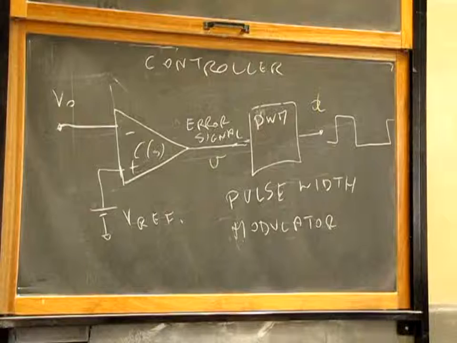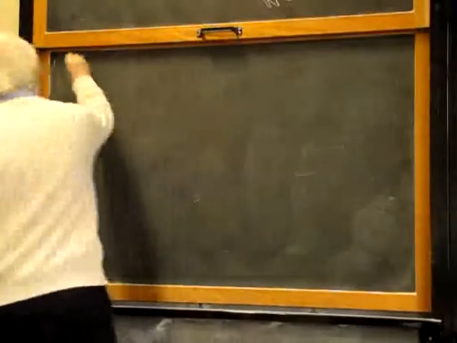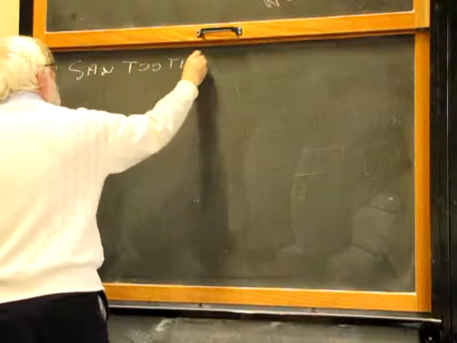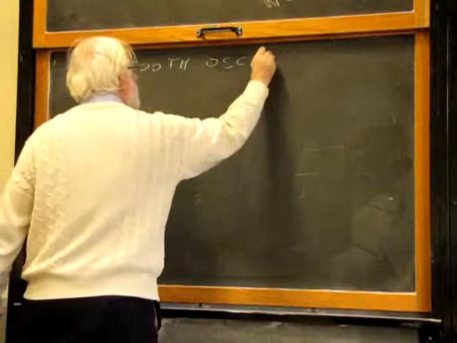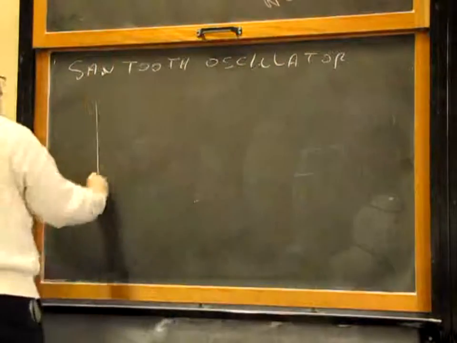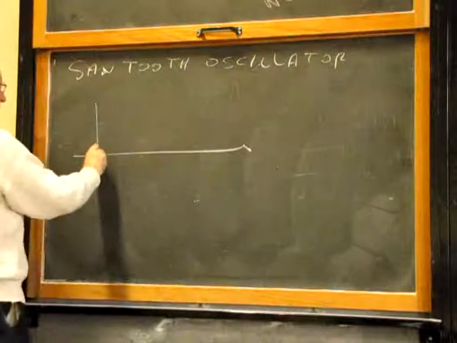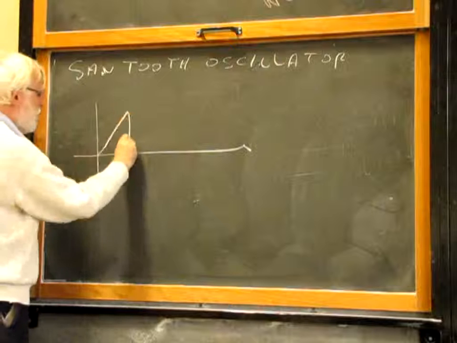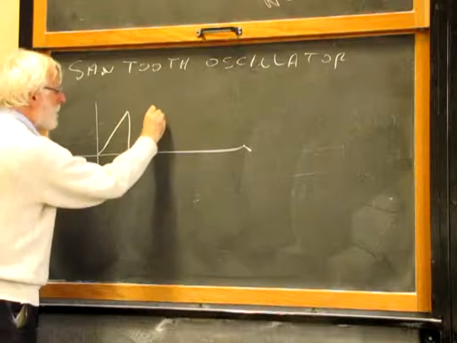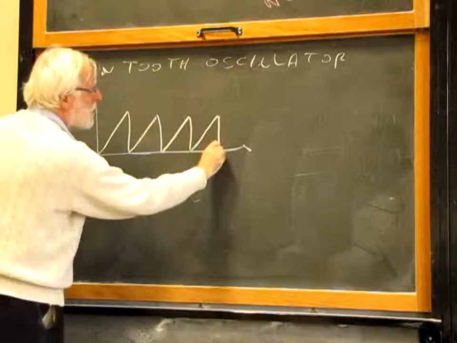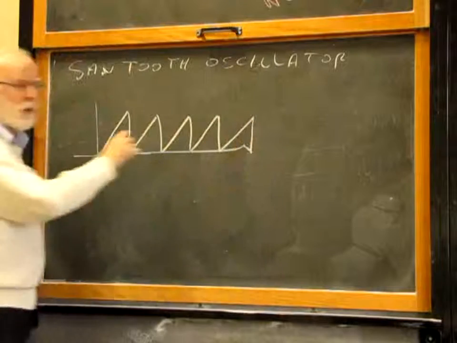We need a sawtooth oscillator. And this means a waveform. It is something like this. I will change it in a moment, but right now, more or less it should be periodic.